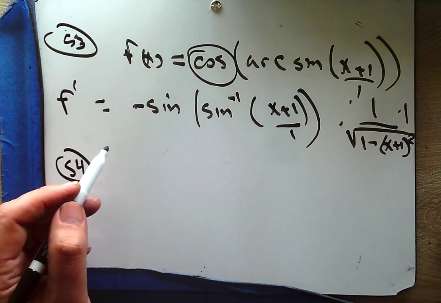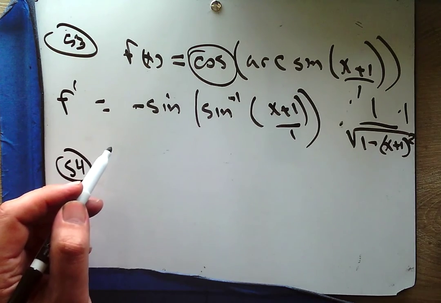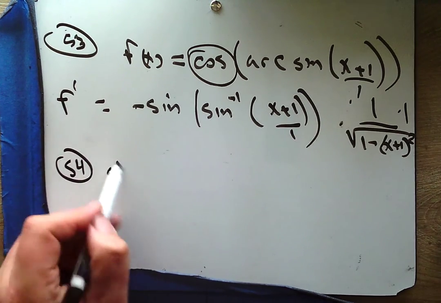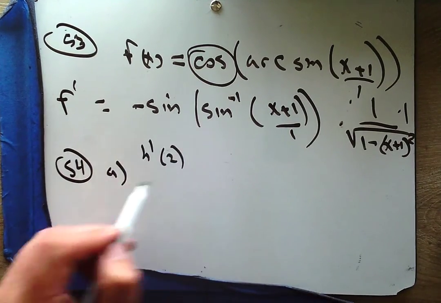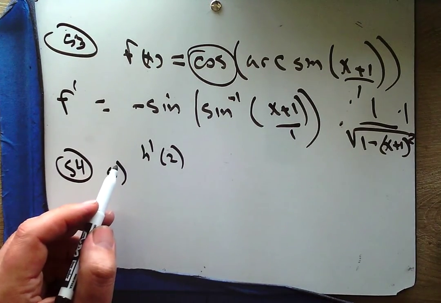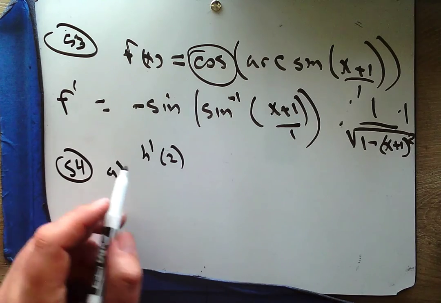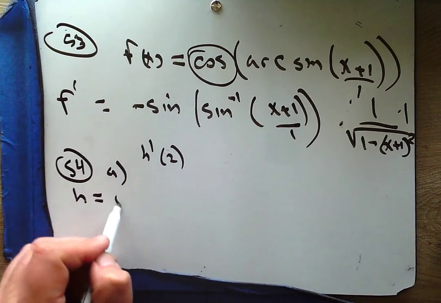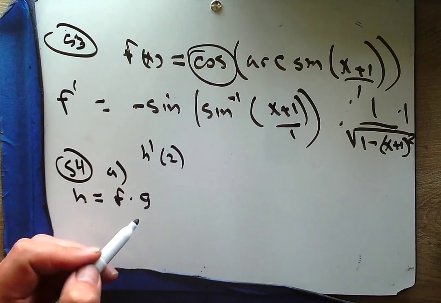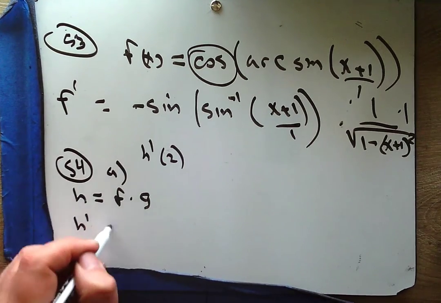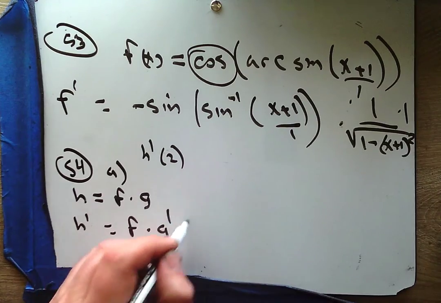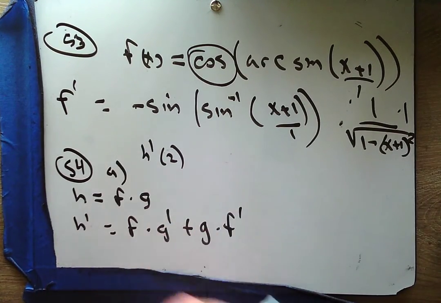54. Oh, 54 has an a and a b. 54a says find h prime of 2. And I'm told in 54 that h equals f times g. Okay, so I need h prime, which is going to be f times g prime plus g times f prime.